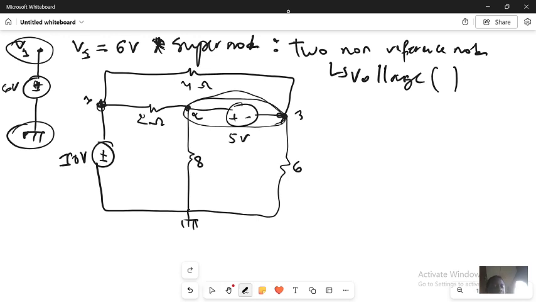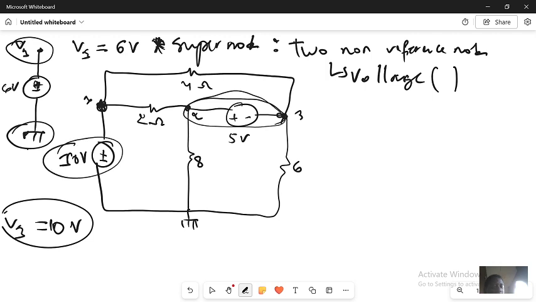We have to keep in mind that this voltage, as we see here, is connected to the ground, and there is no other element, meaning that V1 is going to be equal to 10 volt. Since the voltage source is 10 volt, the value of this potential is going to be 10 volts, because initially it was V1 minus 0 equal 10 volt, but the 0 there is no need to put, so V1 equals 10 volt.